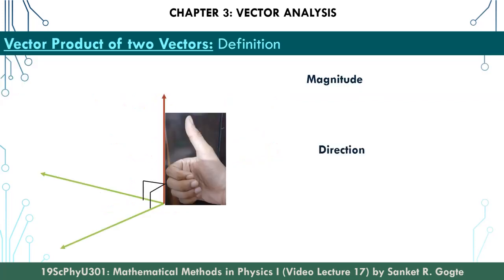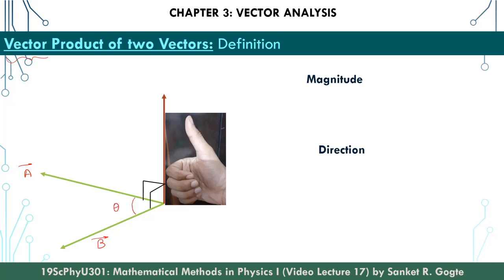Let's quickly discuss the other kind of multiplication between two vectors, which is called the cross product. And since the multiplication gives a vector, it is called the vector product of two vectors. This is vector A and this is vector B now, and the angle between these two vectors is theta.